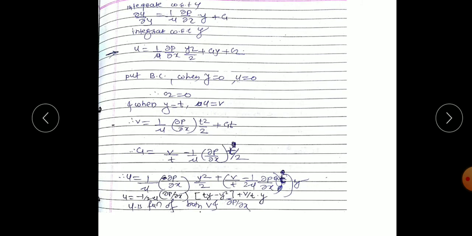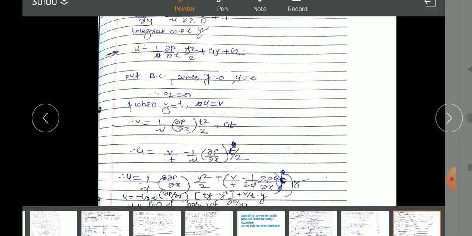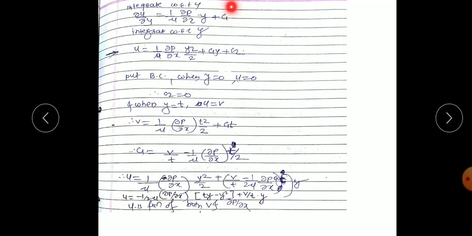Integrating one time we get du by dy equals 1 by mu dp by dx times y plus C1, the constant of integration. Integrating again we get u equals 1 by mu dp by dx times y squared by 2 plus C1 y plus C2.